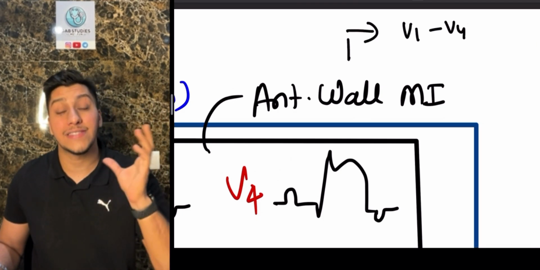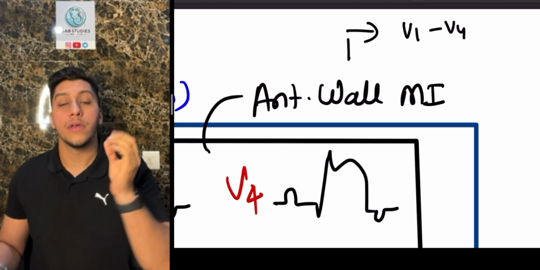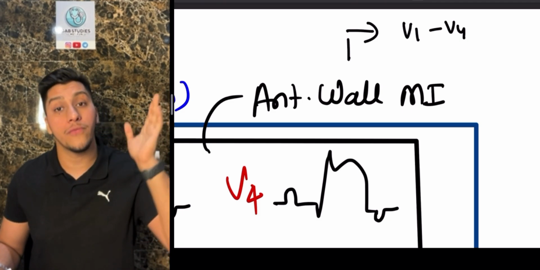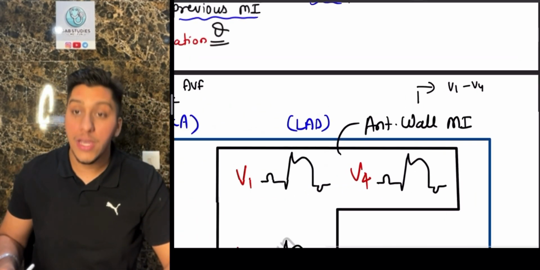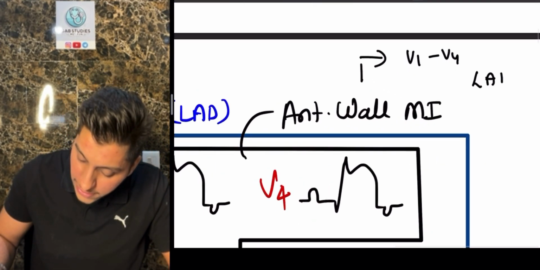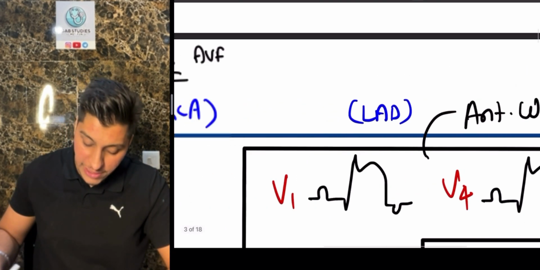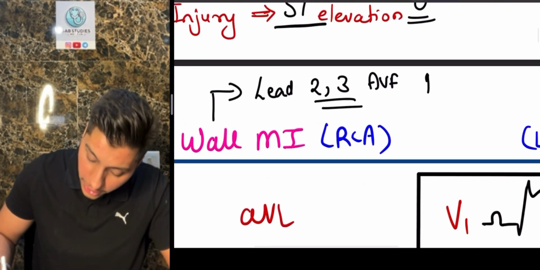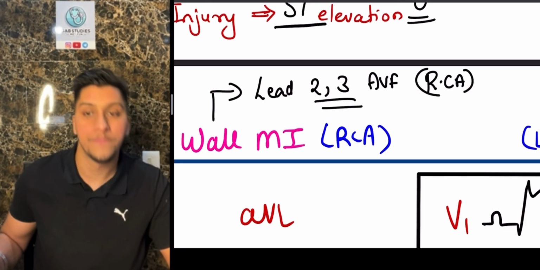If there is a severe form, with extensive anterior wall MI, there is involvement of V1 to V6. The artery involved in anterior wall MI is the left anterior descending artery, while in inferior wall MI it is the right coronary artery.